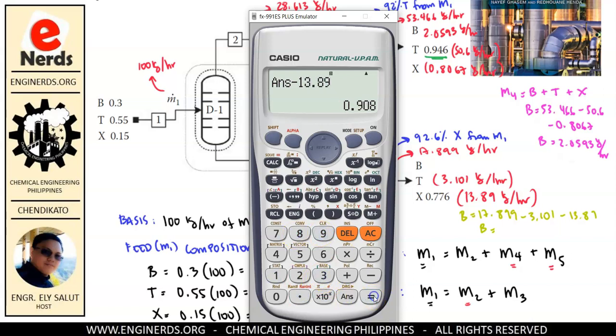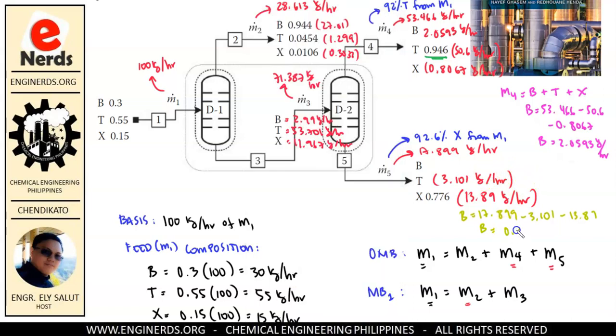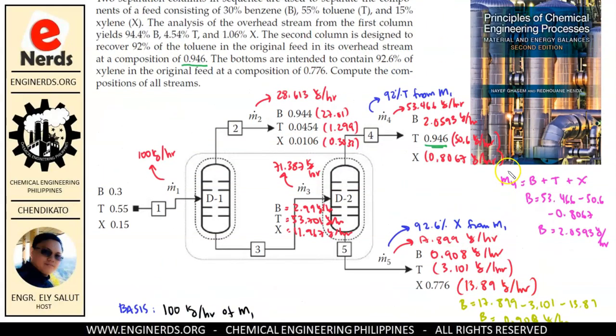Okay, so this is equal to 0.908. So we have 0.908 kilogram per hour. So now we got the value of our benzene sa M5, which is 0.908 kilogram per hour.